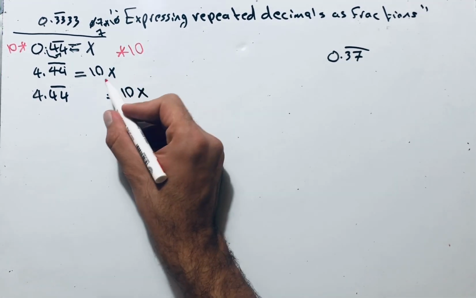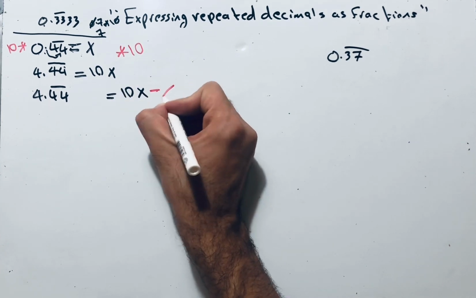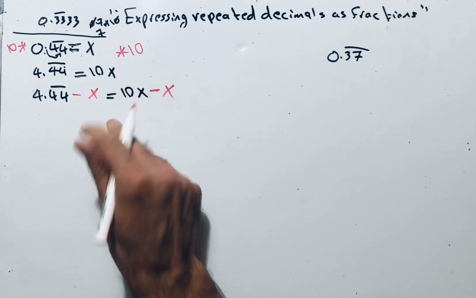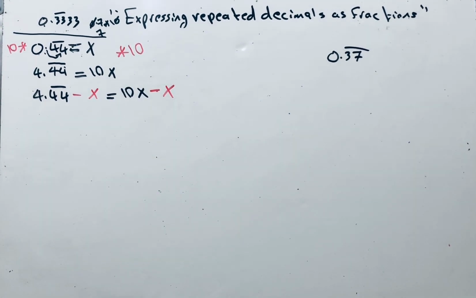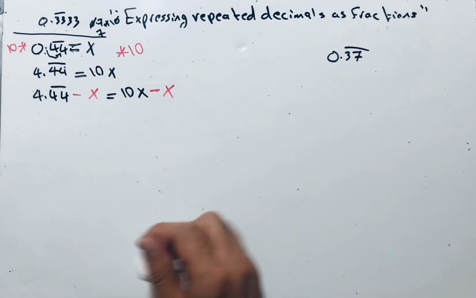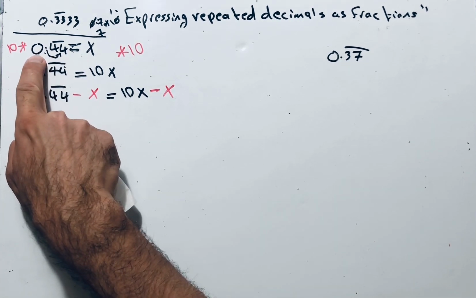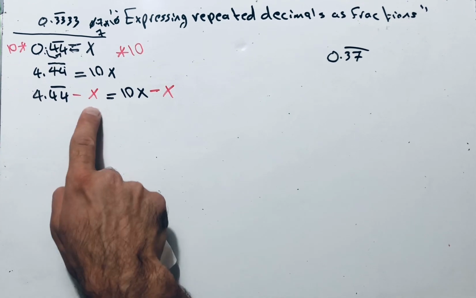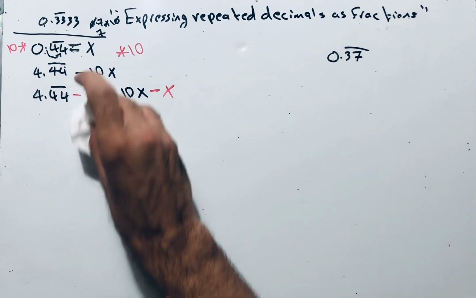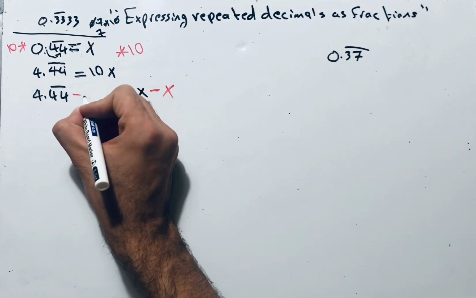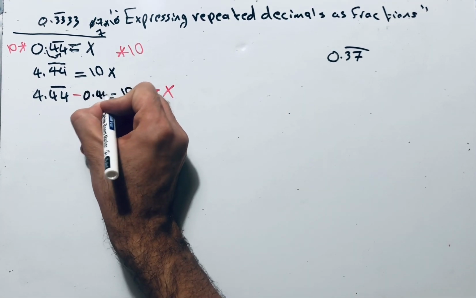Now I can actually subtract x from the right side. And if I do that, I have to do the same for the left side, okay? So since we said x is actually originally equal to 0.444, we can replace this x by that number, okay? Because it's the same thing. That's how we named it, okay?